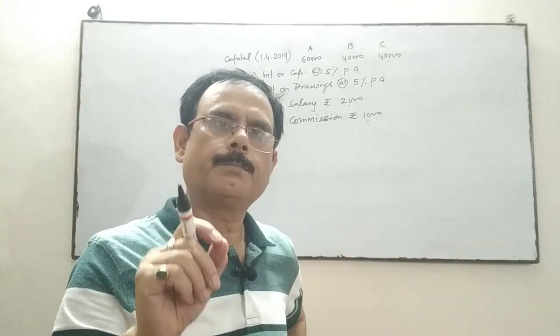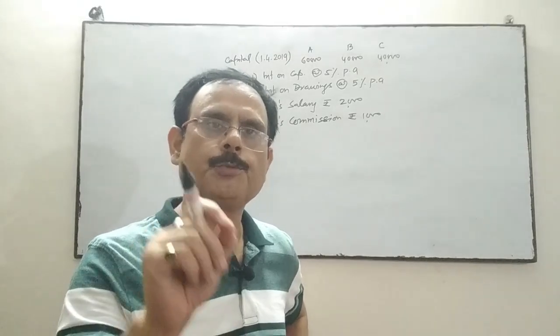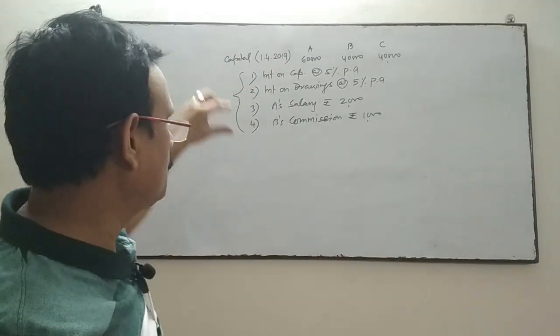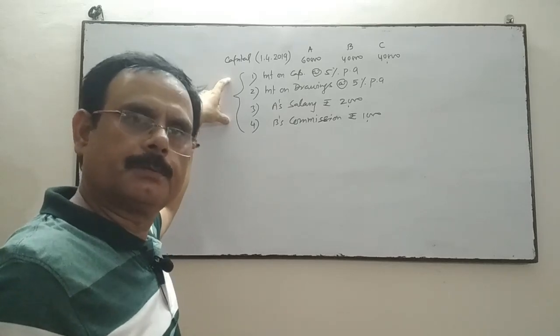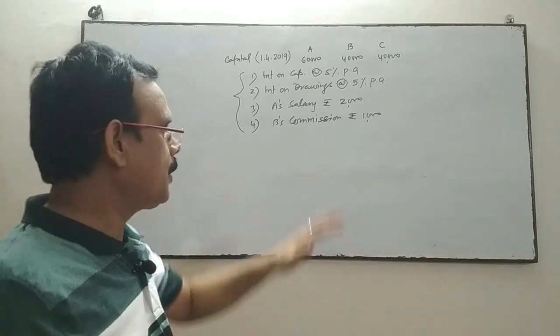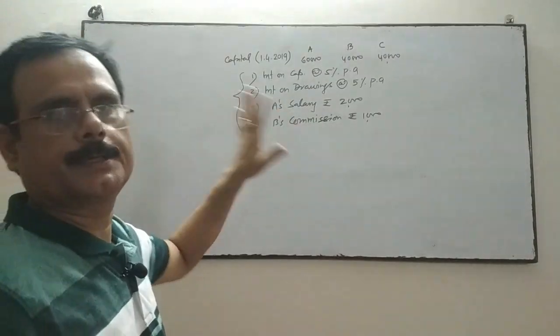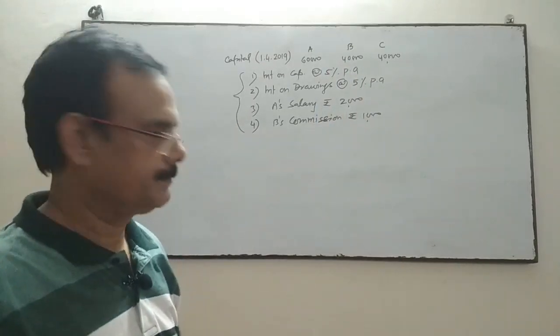while preparing the profit and loss appropriation account, meaning while distributing the profit. The profit is divided without considering these 4 items of information which are given in the partnership deed.